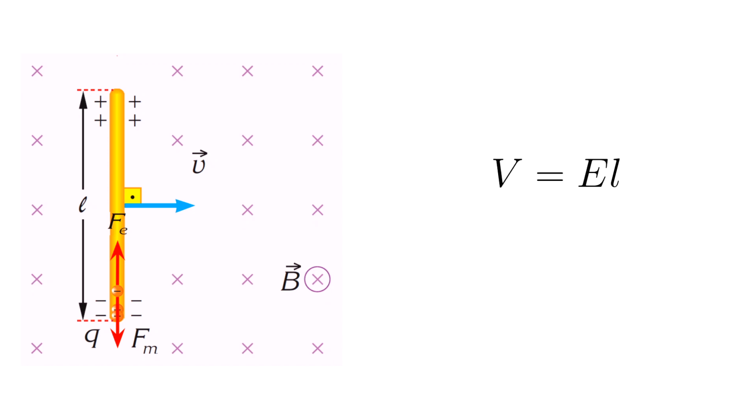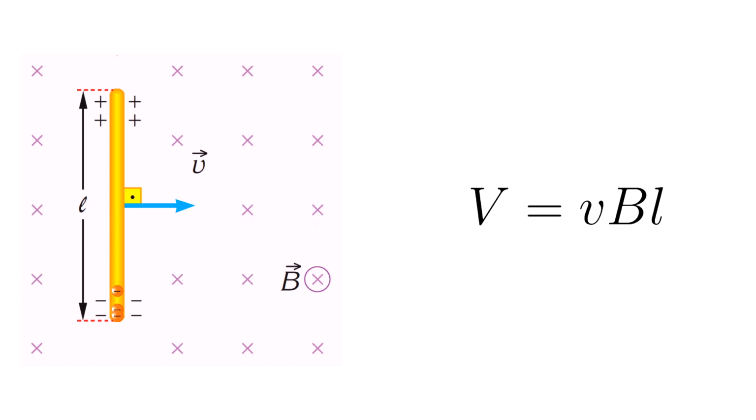And if we put here an expression for the electric field, we have this kind of expression for the potential difference. So, the potential difference between the ends of the conductor is velocity times magnetic field times the length of the conductor.